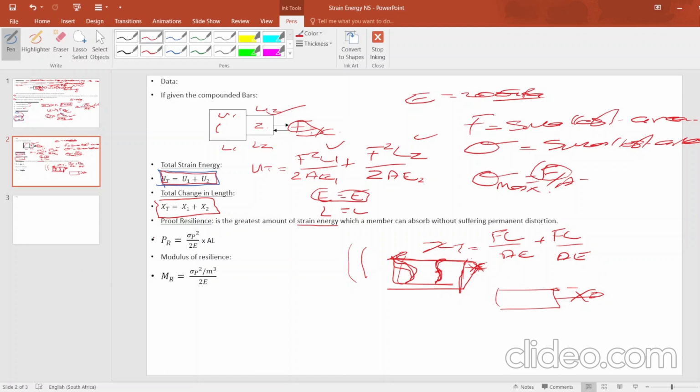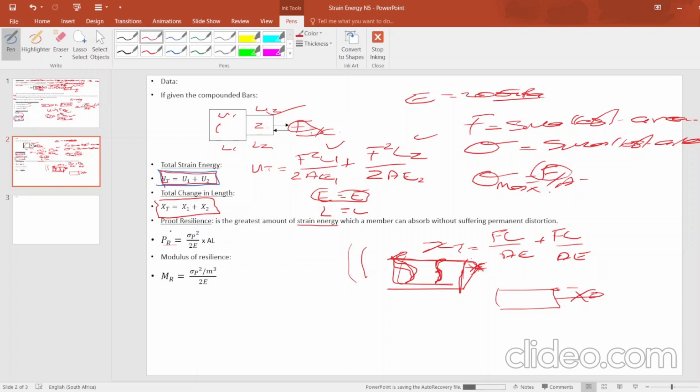Now, in calculating the proof of resilience, this is the formula that you will be using. I've denoted it as PR equals stress squared over 2 multiplied by E, multiplied by area, multiplied by the length of the rod or member.